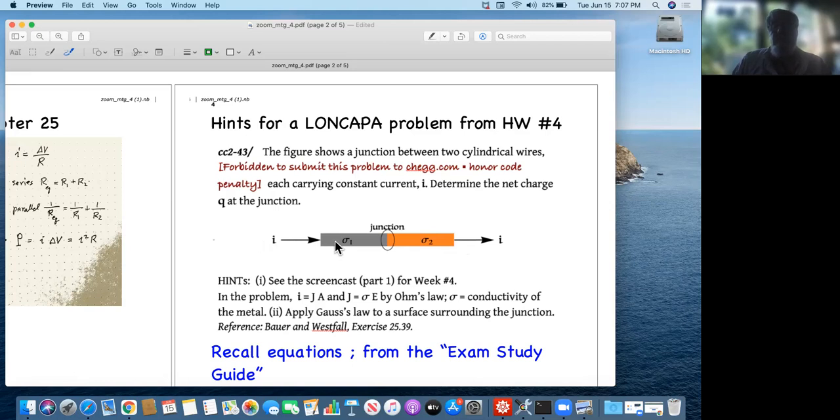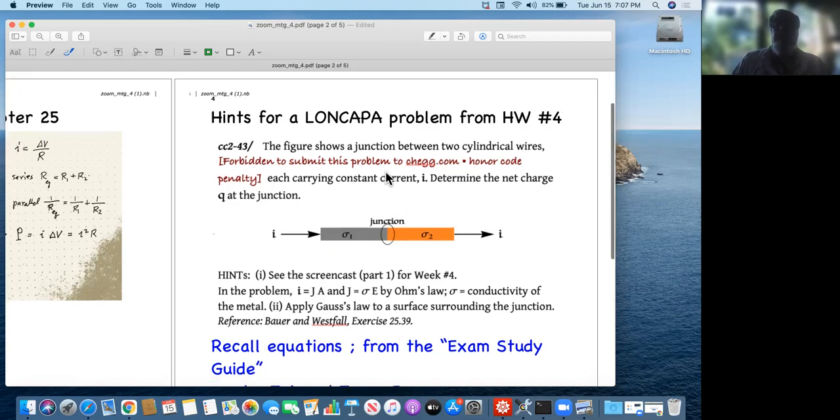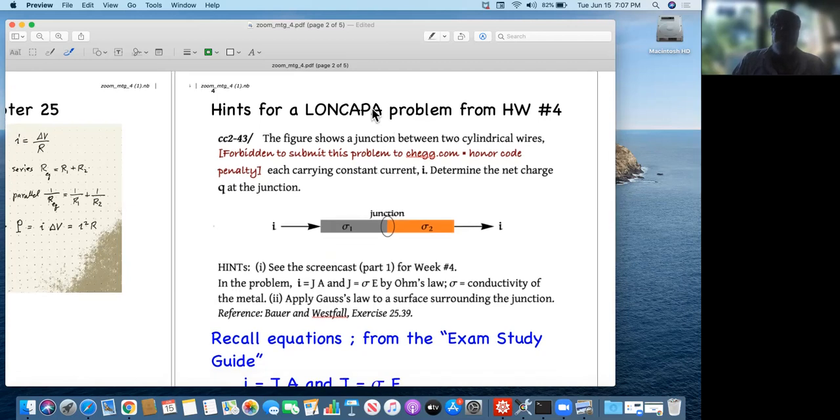Sort of a 1 amp comes in one end, then 1 amp must go out the other end. And there will be a net charge at the junction. And that's the problem, is to calculate the net charge at the junction. This is actually a problem from the textbook, and it's also assigned in Lon Kappa, but it's a problem from chapter 25 in the textbook.